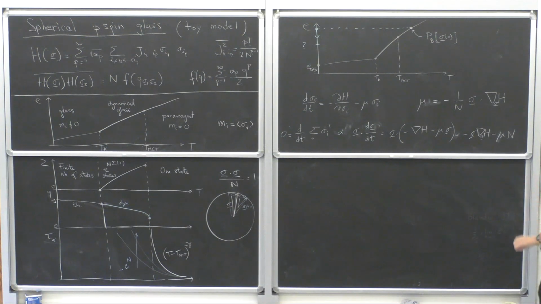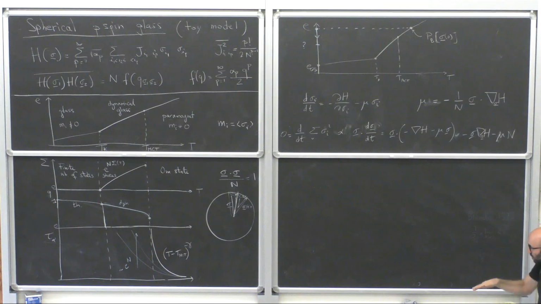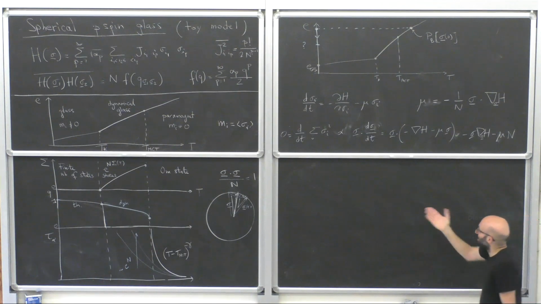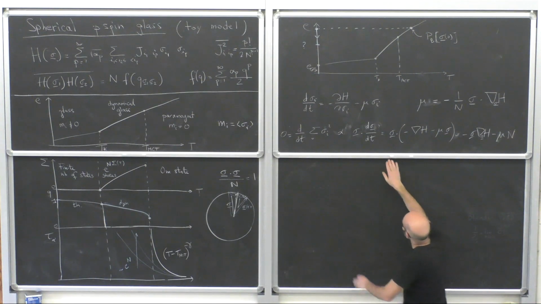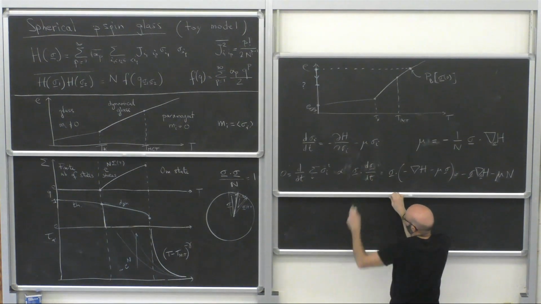So this is the dynamics, and what happens? Before I tell you what happens, there is one thing that I want to show. We are doing gradient descent, so it should stop when the gradient is 0. The problem is that the gradient also has this term.